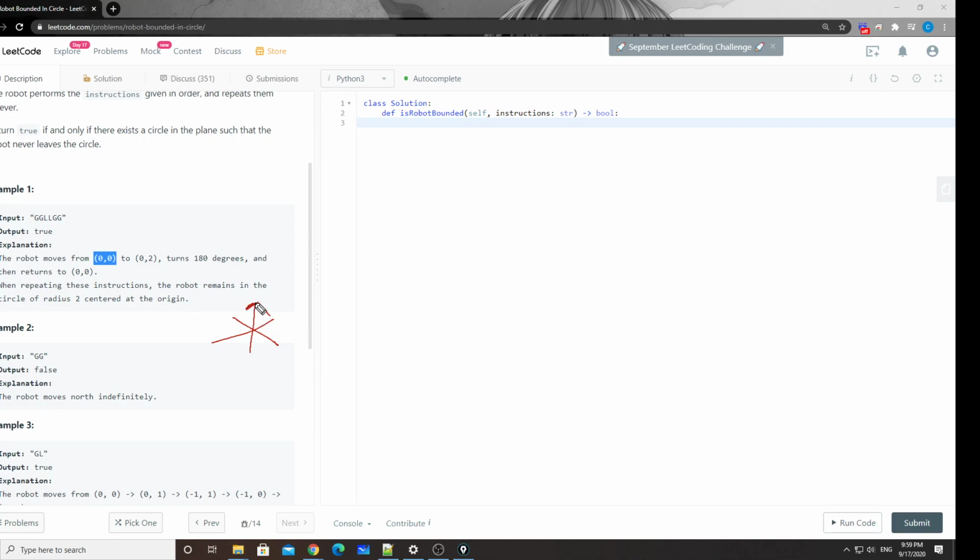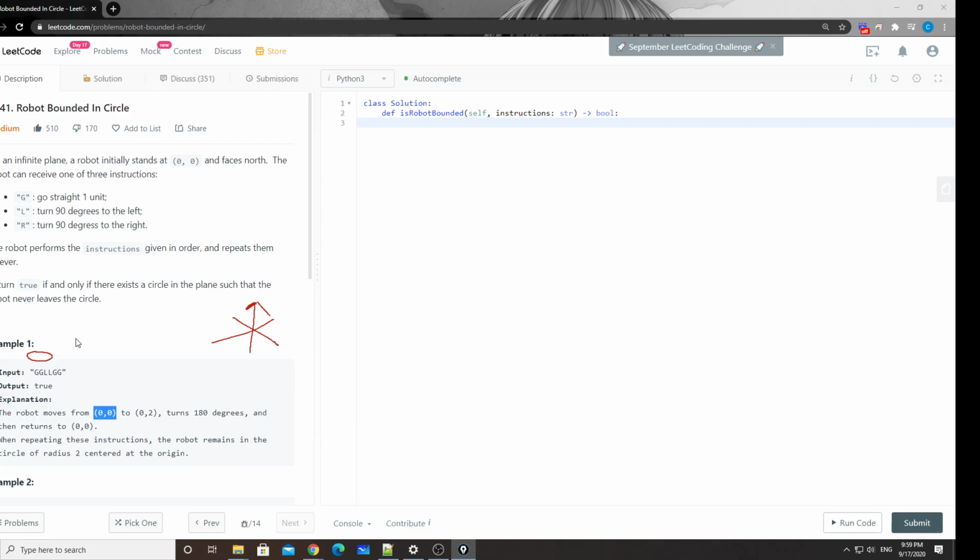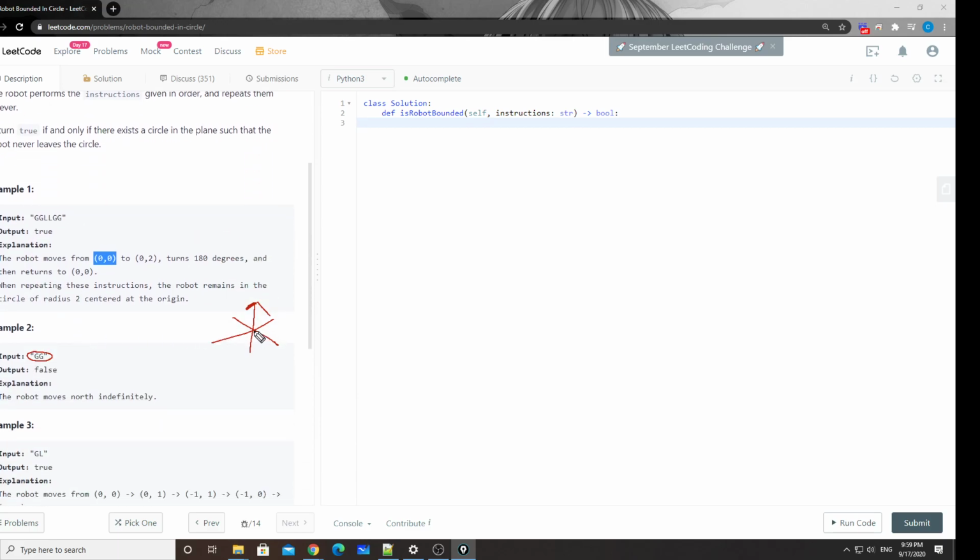Then we can prove that by at most four repeats of these instructions, the robot will return to the original starting point. I think it's not that hard to come up with. It doesn't really matter where it is, as long as the last direction is not going straight up.